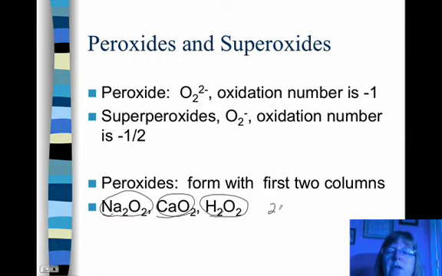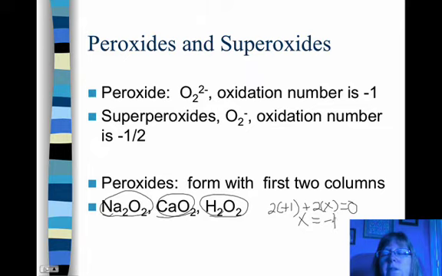So we've got 2 sodiums, each has a +1 charge. So we ask, what is the charge on each of those oxygens? The whole molecule has no charge at all, so it has to equal 0. And when we do this, we see that the charge on oxygen is -1. That's called a peroxide. And again, they're pretty rare.